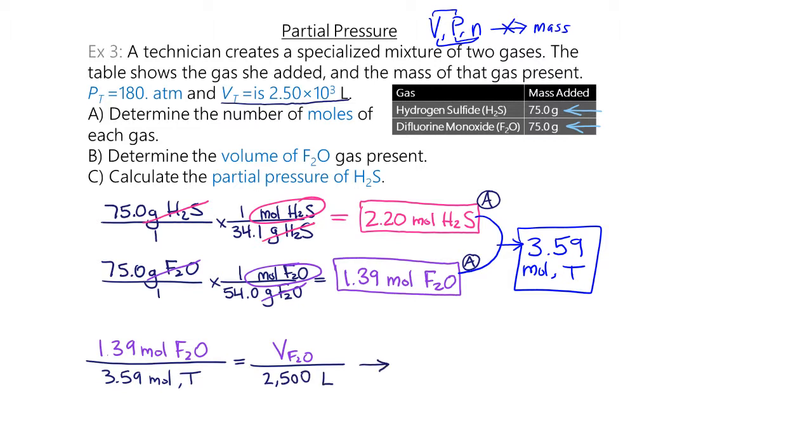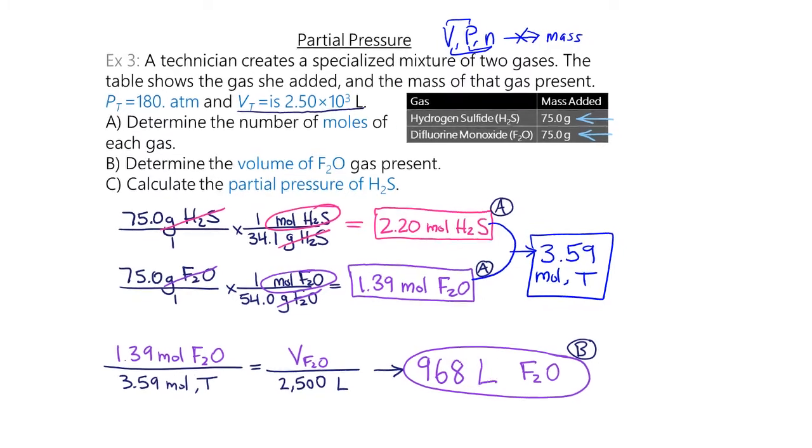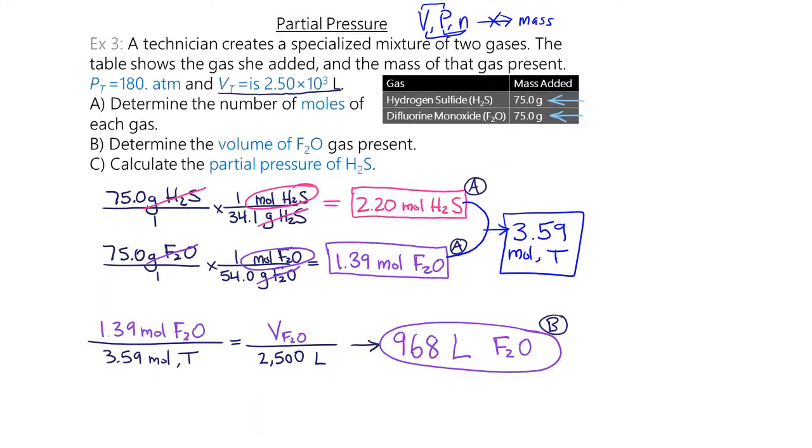Cross multiply, and you get that the partial volume, the volume of just the difluorine monoxide, would be 968 liters approximately. So that gives us an answer for part B. You could do the same thing to find the volume of hydrogen sulfide if you were asked to do so.